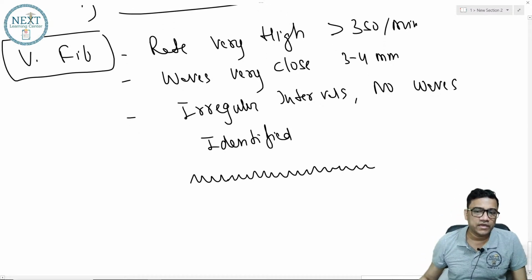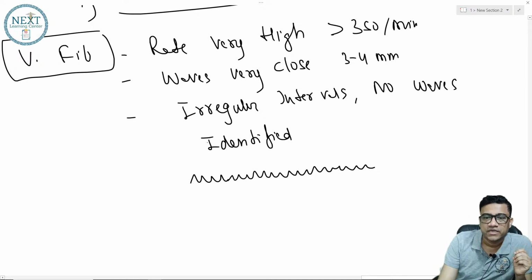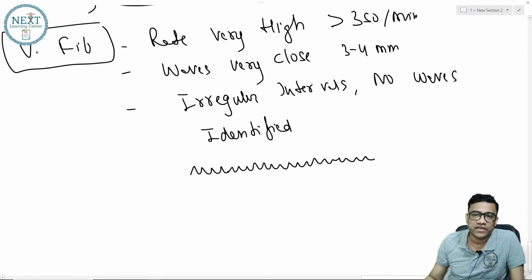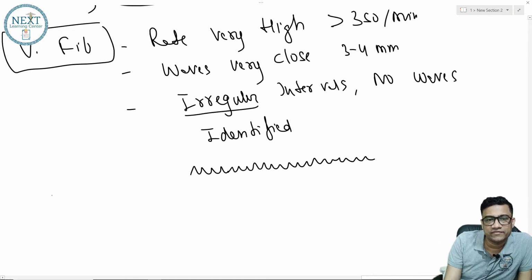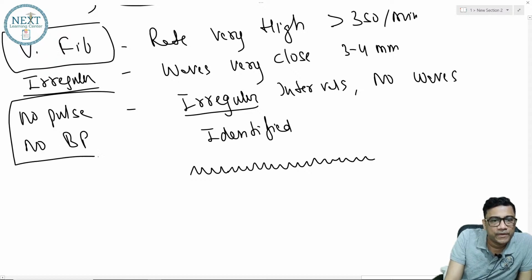So remember, in VFib, the size is very small, and the height is not big, okay. This is irregular. The hallmark is irregular activity, and there is no pulse and no BP, no blood pressure, the patient has collapsed.